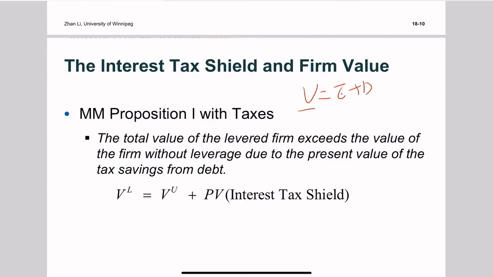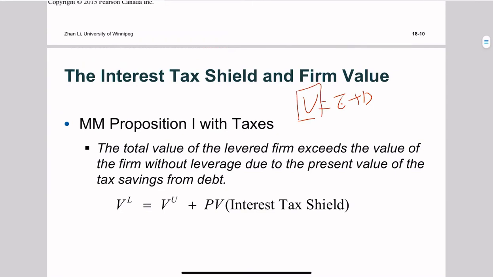And more importantly, this V is fixed no matter what your capital structure is, right? So the firm value stays the same no matter how much debt you use. That is the basic result of MM proposition 1.